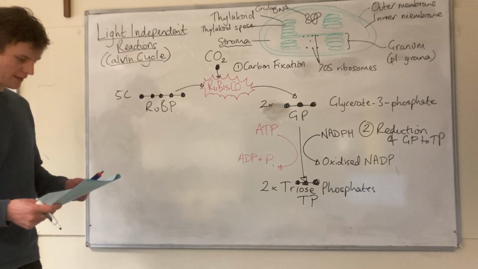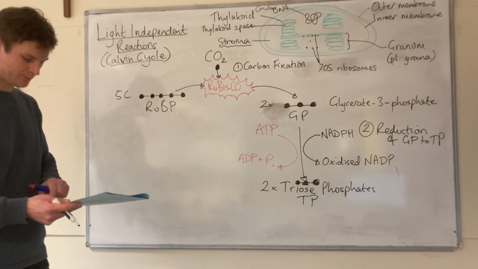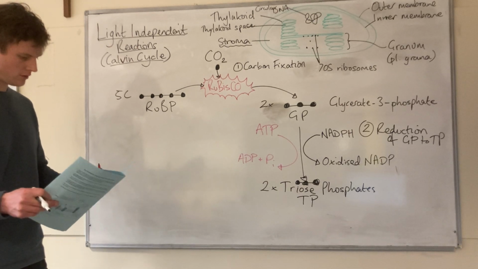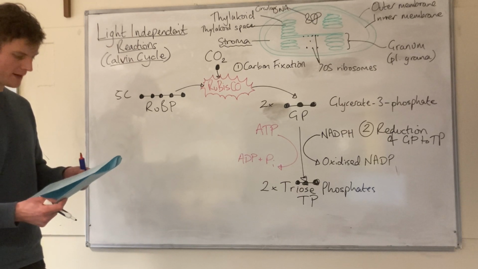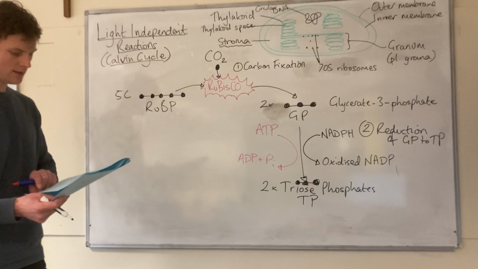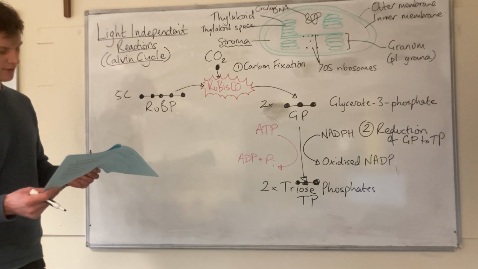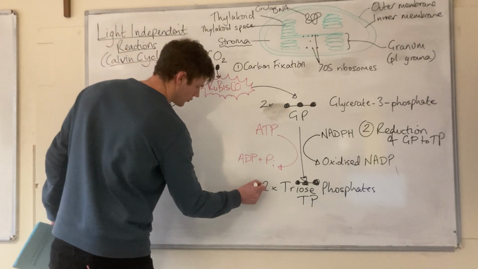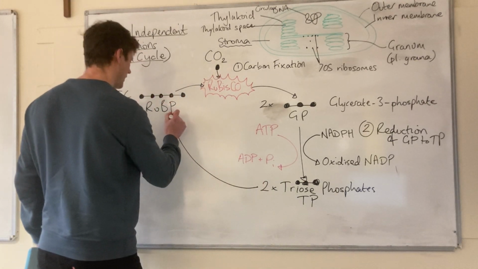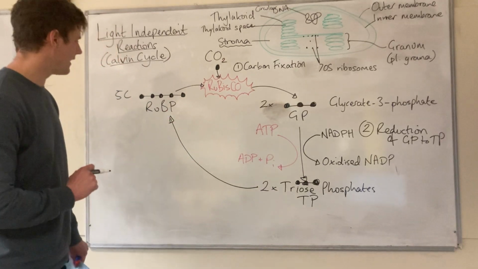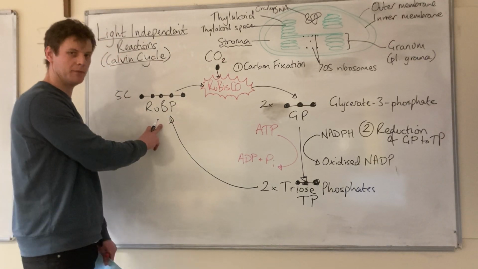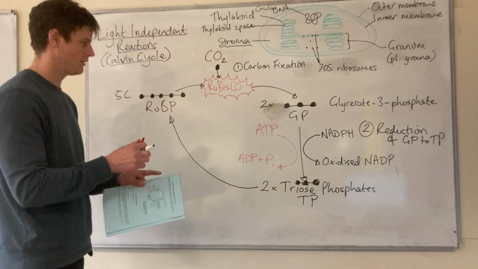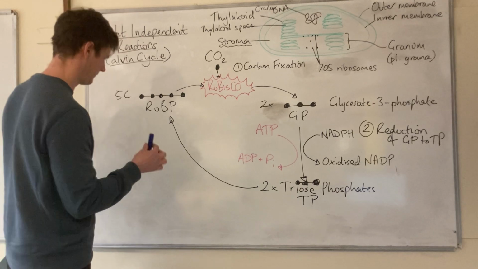Now in the third stage, shown on page 20, with the diagram following on page 21, triose phosphate is used to regenerate RuBP. Now this requires more energy.